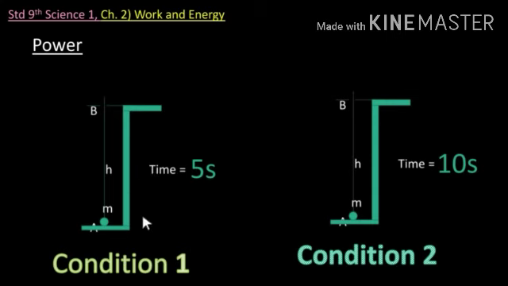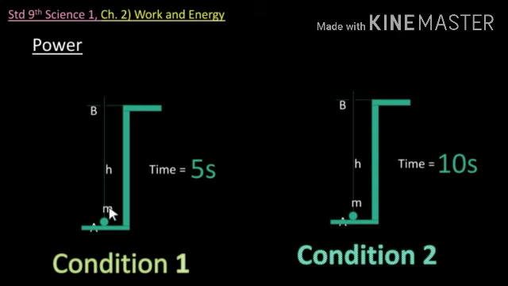Here, in the first case, the required time for this displacement or this work done is 5 seconds, and in the second case, the time required is 10 seconds. This is the difference. That means in the first case, the time required is less than the time required in the second case.